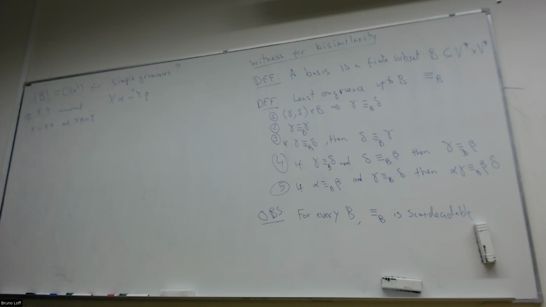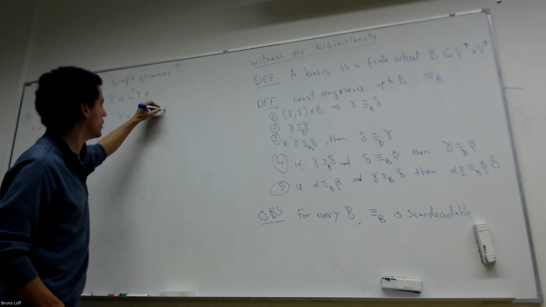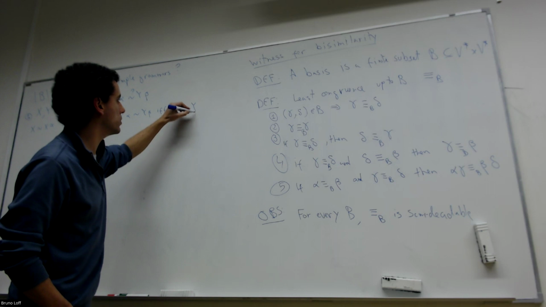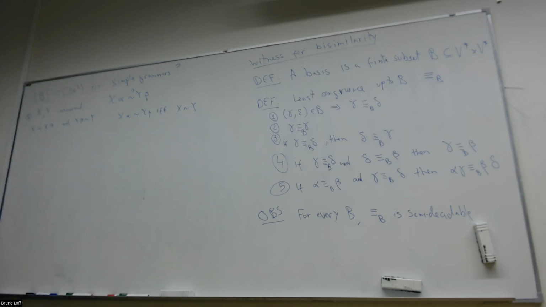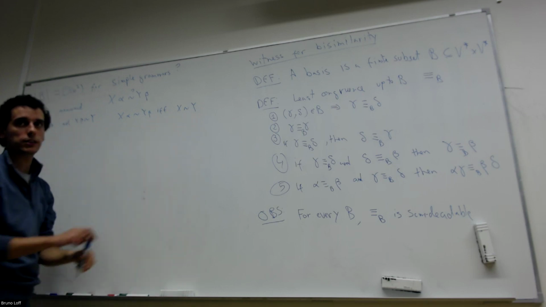So the point is that x alpha is bisimilar to y beta if and only if x is bisimilar to y, by transitivity. Because these are bisimilar to this, these are bisimilar to this. So these two words are bisimilar if and only if these two words are bisimilar.